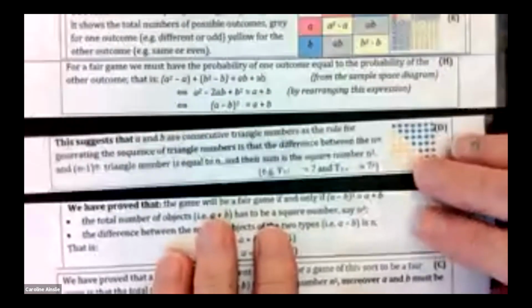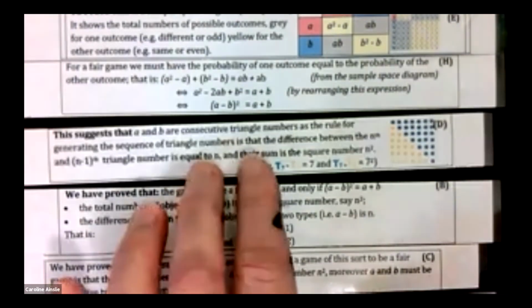That might be it. For a fair game, the probability of one outcome must equal the probability of the other outcome. So from the diagram there on strip E, the number under the yellow shading is A squared minus A plus B squared minus B.